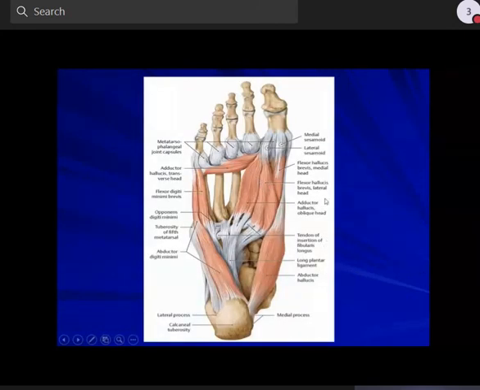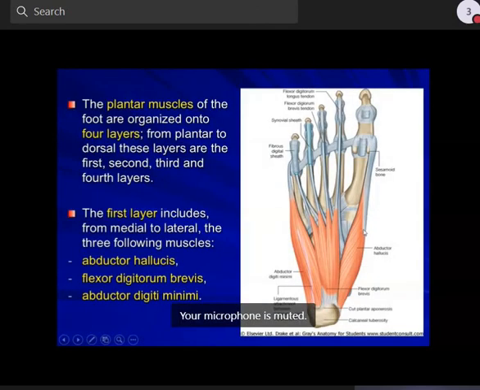In the foot, we can distinguish three groups. Some muscles refer to the muscles of the great toe, the medial eminence, muscles of the small toe, and just plantar muscles. In the foot, all these muscles may be separated into 4 layers.